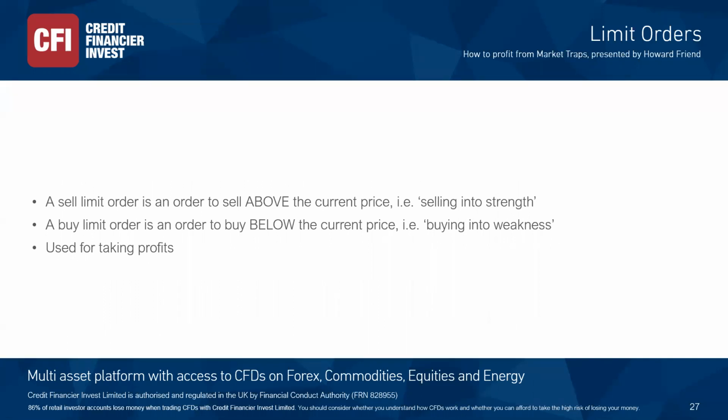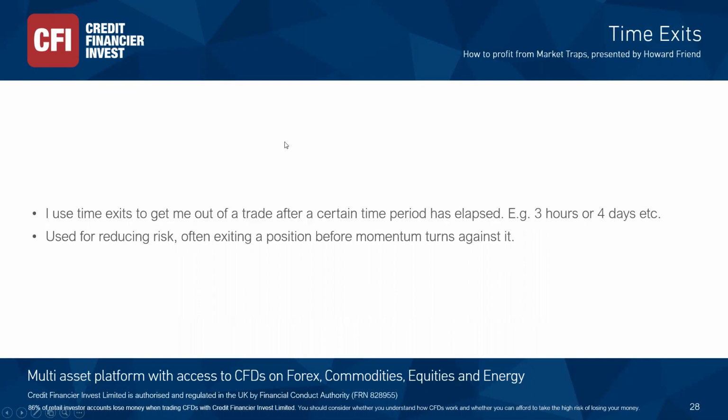You're selling into strength. And a buy limit order is an order to buy below the current price. You're buying into weakness. So I only use limit orders for taking profits, not to enter my trades. Essentially, when I have a trade on, I have a stop loss, for which I use a stop order, and I have profit targets, which I use limit orders for.